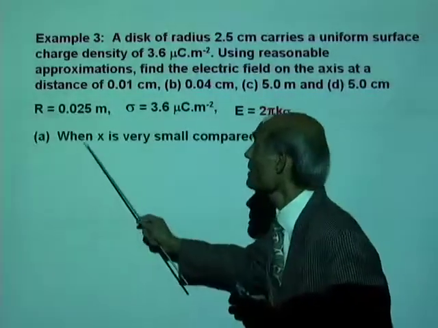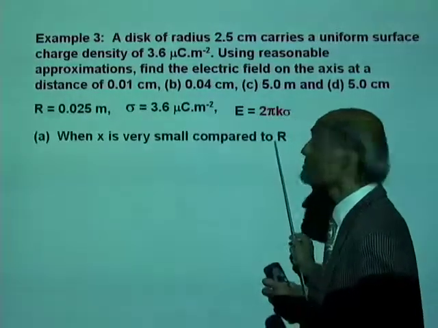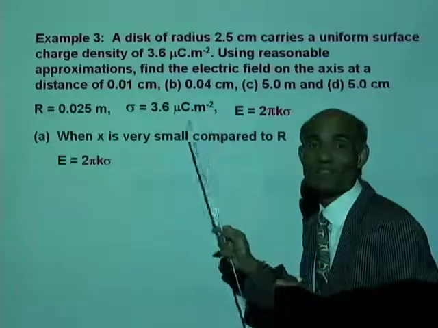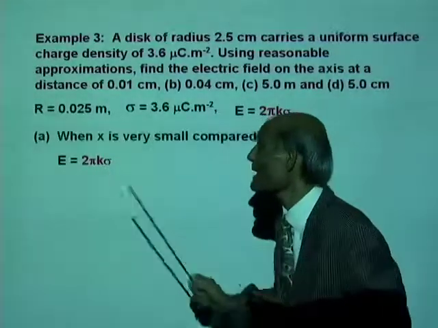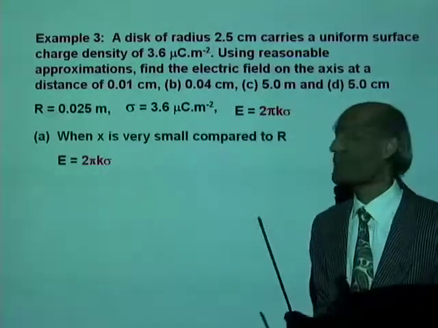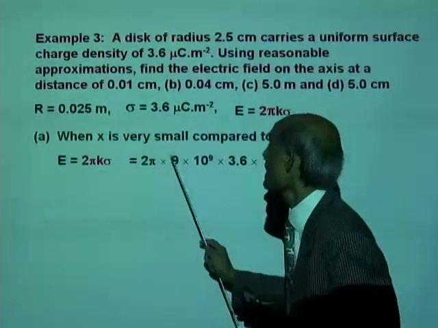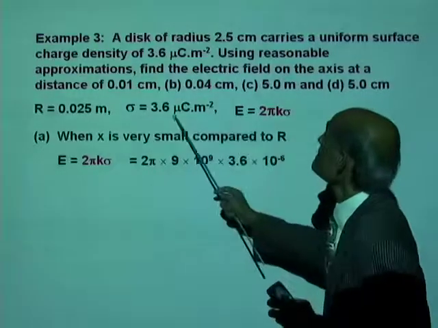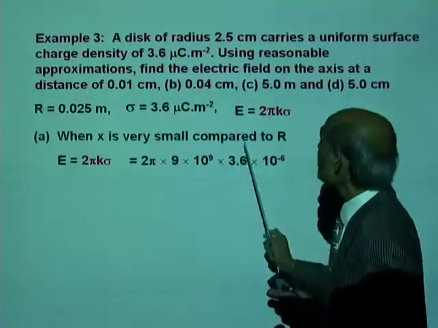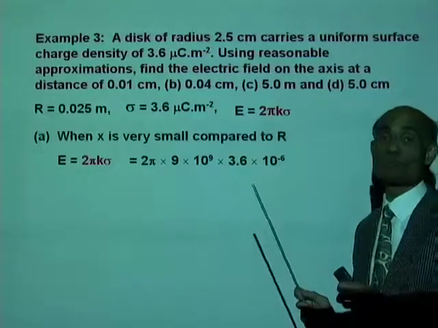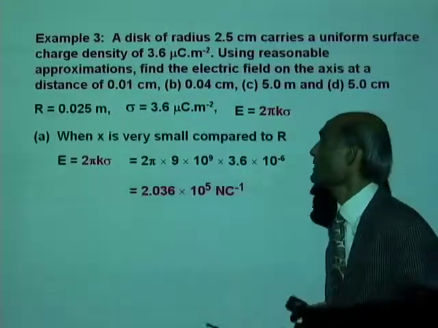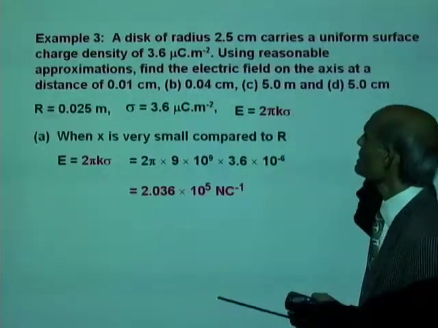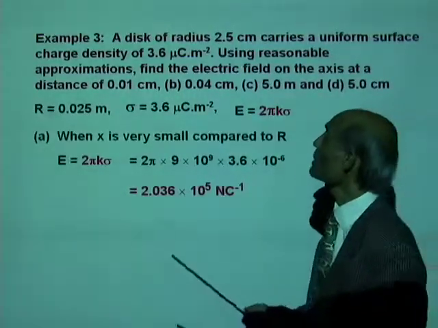In part A, when x is very small compared to r, we use this approximate formula. So we got E equal to 2 pi k sigma. In other words, 2 pi times k, where k is 9 times 10 to the 9. Sigma is 3.6 microcoulomb, make it to coulombs per square meter, and therefore the electric field is 2.036 times 10 to the 5 Newton per coulomb.